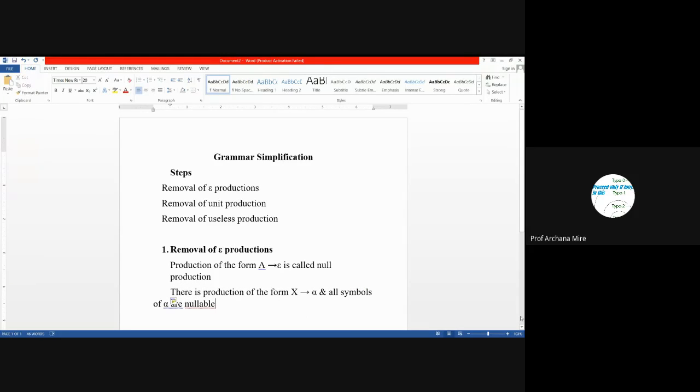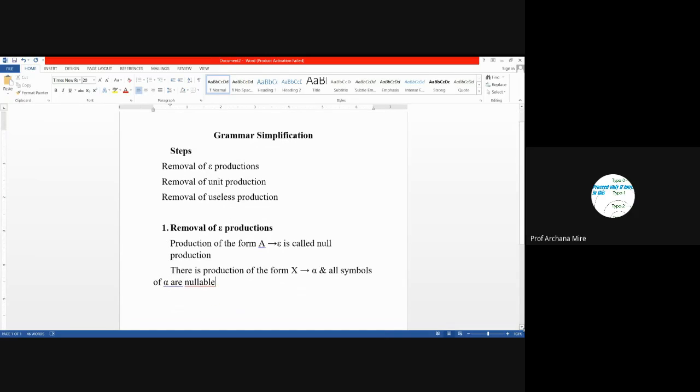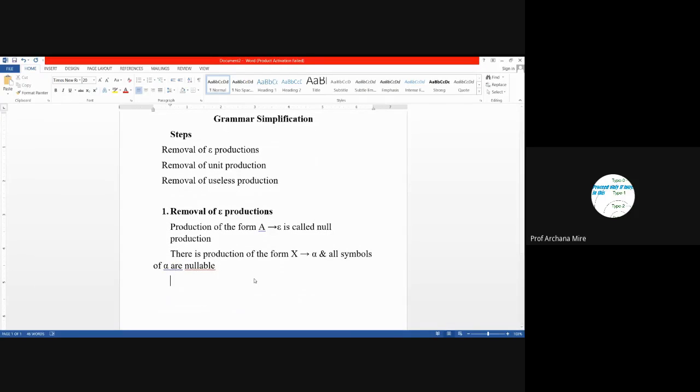Now what is the meaning of alpha? Alpha is nothing but a string of non-terminal symbols, a string of variables.